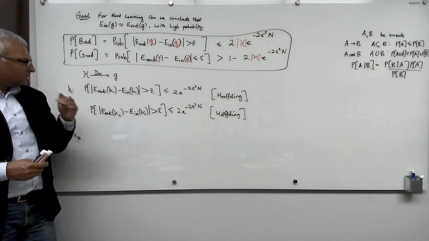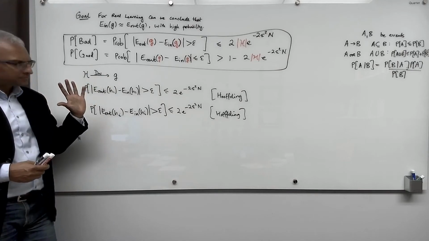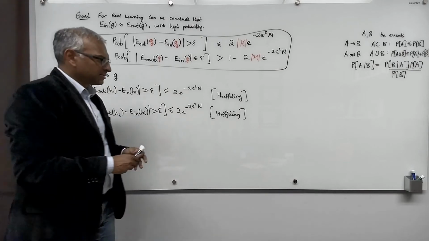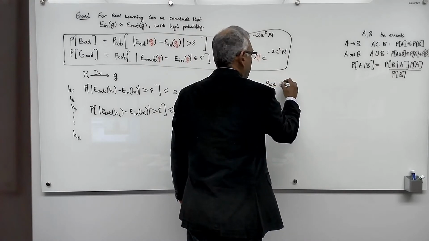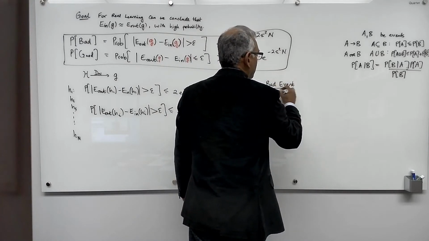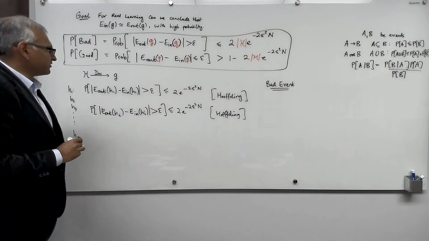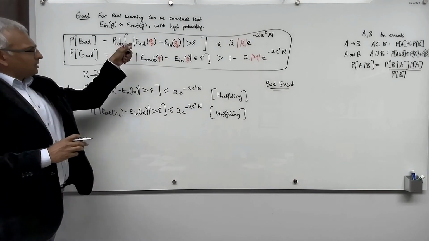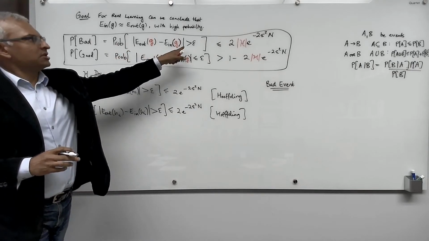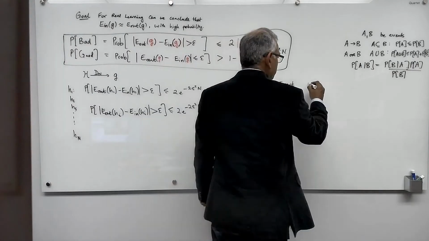So we define the bad event. How did we define the bad event? The bad event is the outcome that for g, E out of g minus E in of g is greater than epsilon.